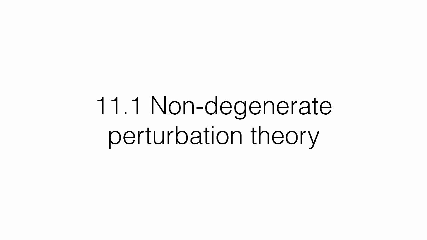We are going to look at non-degenerate perturbation theory. Non-degenerate perturbation theory corresponds to a theory where we only focus on states that are not degenerate. In other words, it's easier to calculate the effect of a perturbation on such a state.